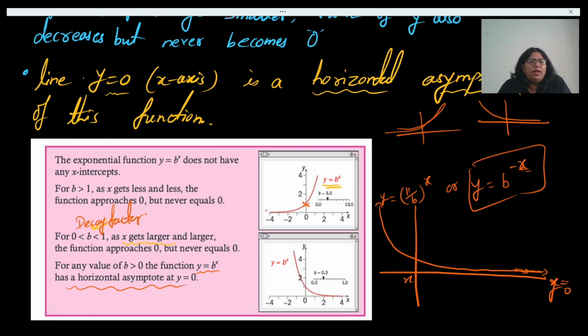It's coming 1, and the horizontal asymptote is y equals 0. In this case also, the y-intercept is the same and the horizontal asymptote is y equals 0. We have taken the previous example as y equals 2 to the power x, and this one is nothing but the growth factor.